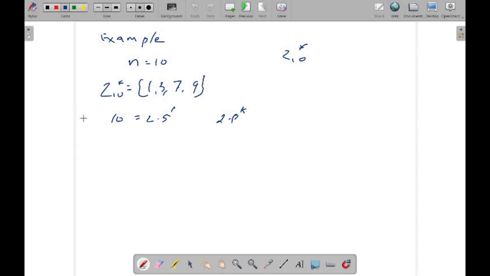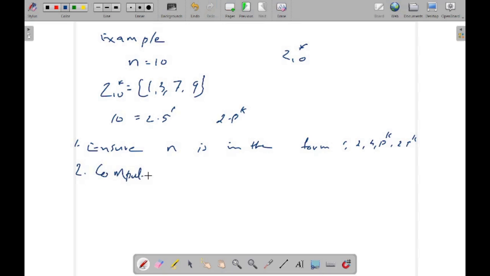This is step 1: ensure n is in the form 1, 2, 4, p raised to k or 2 into p raised to k. Here 10 is in the form 2 into p raised to k.